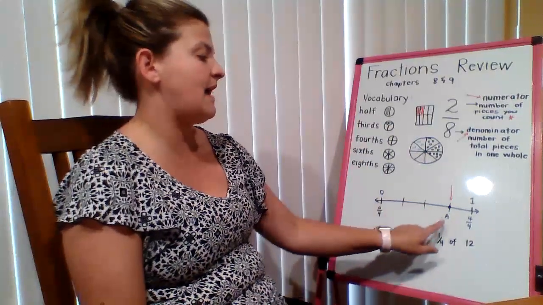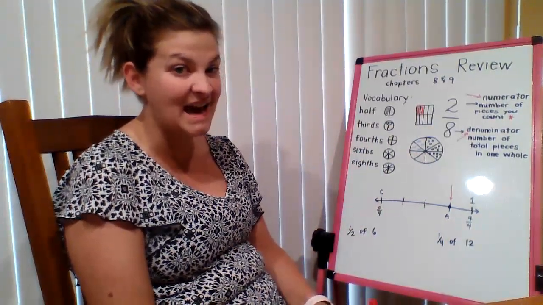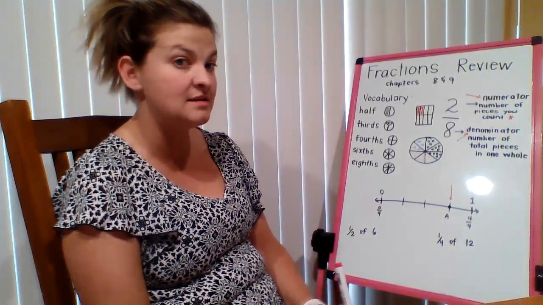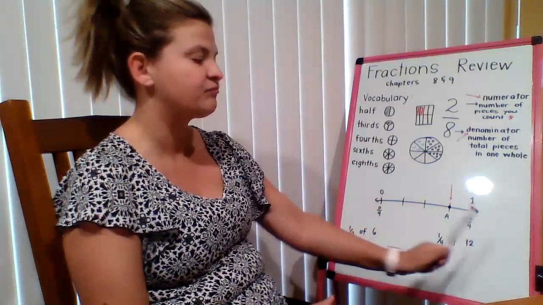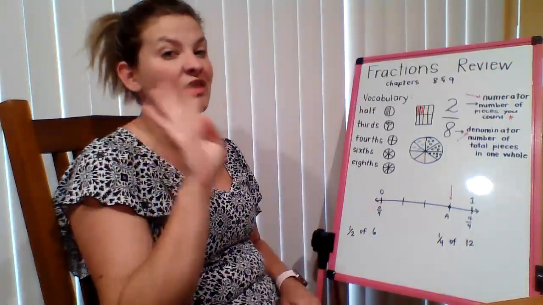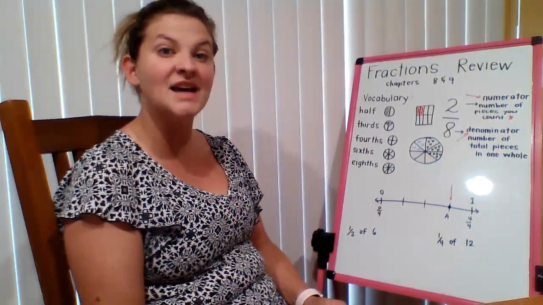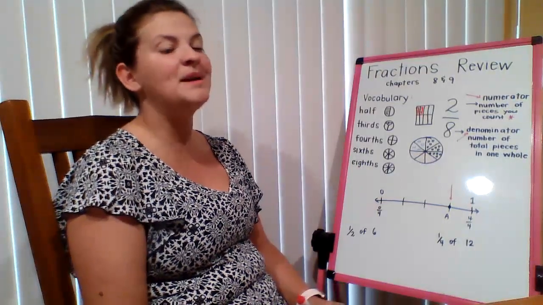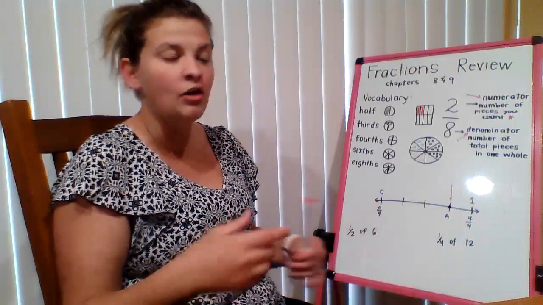So I have A right here, and I need to figure out what fraction that is. It gives me a little bit of hints. It says that this is 0/4, and this is 4/4. Do you remember that when the number on the top is 4 and on the bottom is 4, that's a whole? That means that you've eaten 4/4, which is a whole pizza, right?